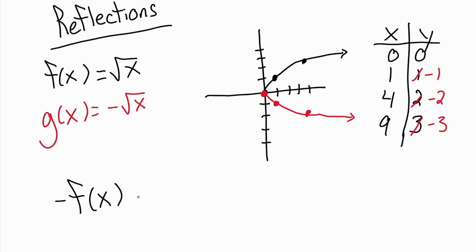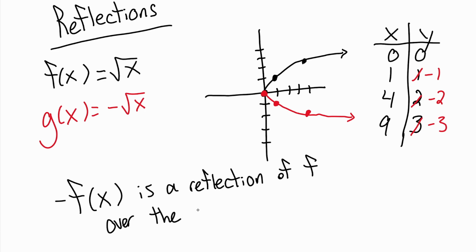So we say that negative f of x is a reflection of f over the x-axis. Okay.